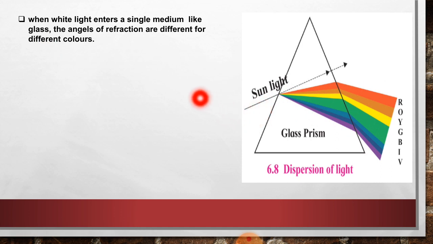So when the white light enters a medium, here called a glass prism, the angles of refraction are different for different colors. Here you can see the different colors in VIBGYOR order. So the angles of refraction are different for these different colors.